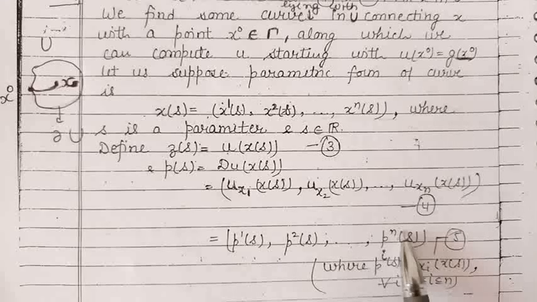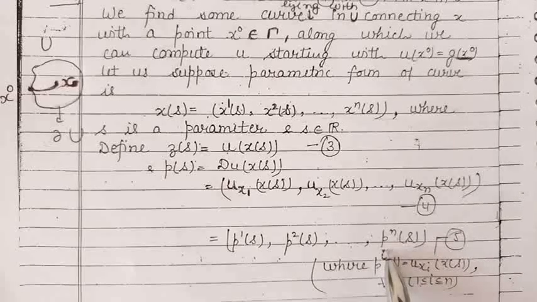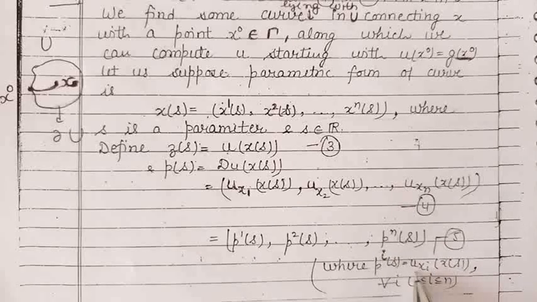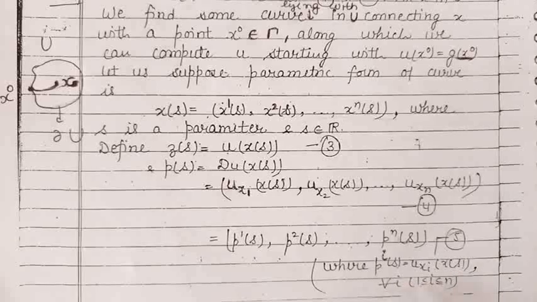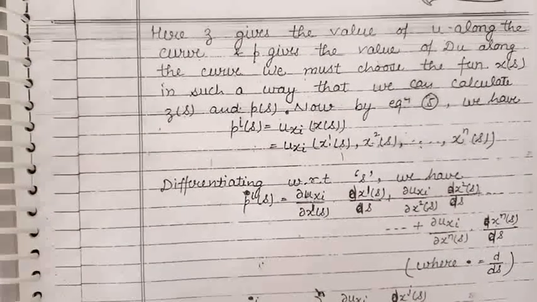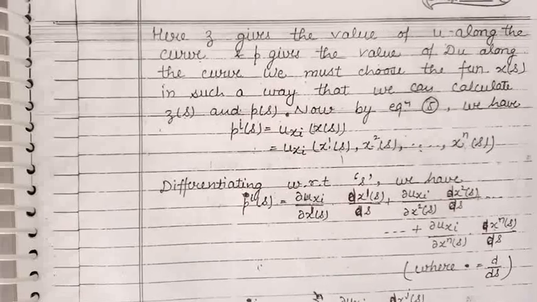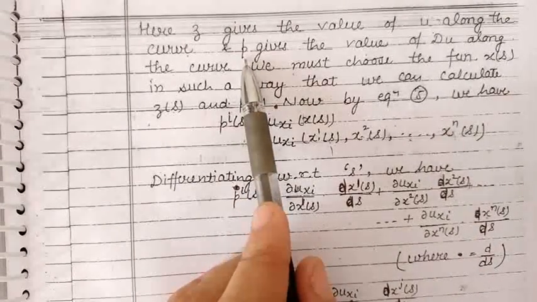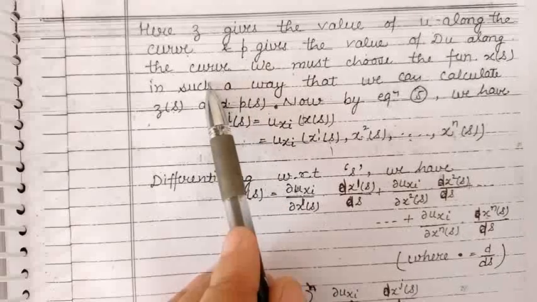So we can say that in general pi are the partial derivatives ∂u/∂xi for every i varying from 1 to n. Here the function z gives us the value of u along the curve, and p gives us the value of the gradient of u along the curve.